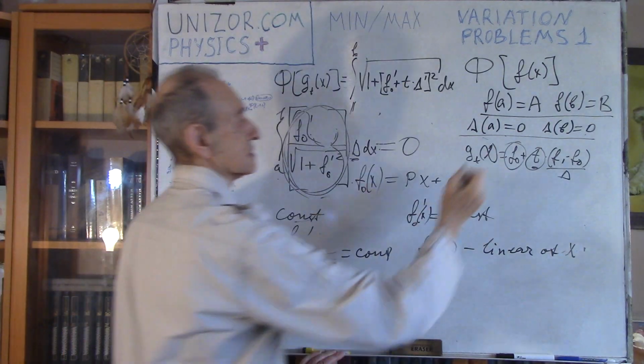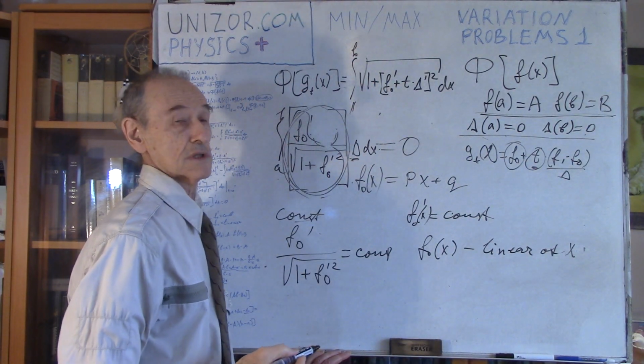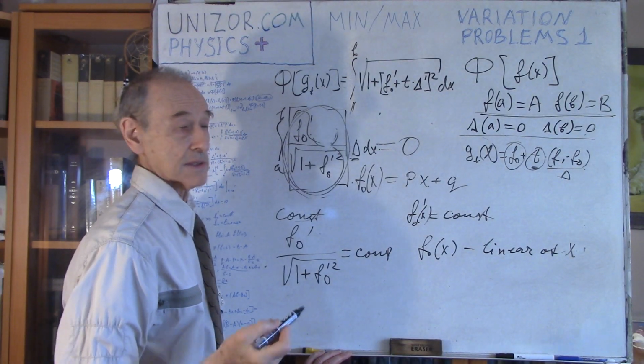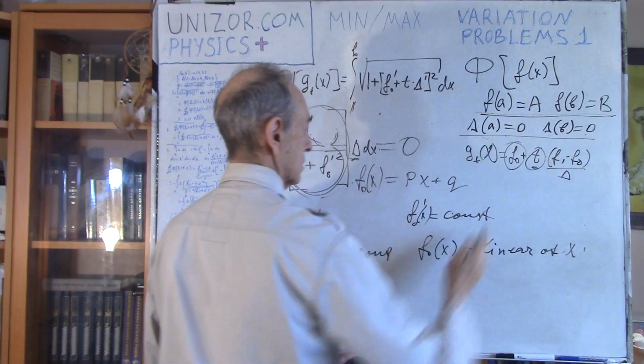Well, and considering we have two conditions where this linear function is supposed to go through, that's obviously a straight line between the two points.